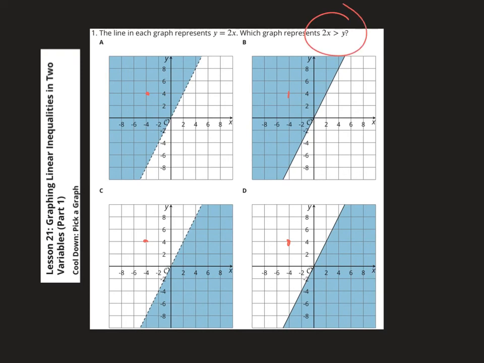Now I could go with the Desmos deal, and I could try to rephrase this in terms of an inequality that I could put into Desmos and check it out, right? That's one way. It's kind of half cheating, right? I could just check to see if those points work. And if this point works, is that the graph? Well, this point is the same point, and they're both the same shaded region. And what's the deal? Oh, this is dotted.